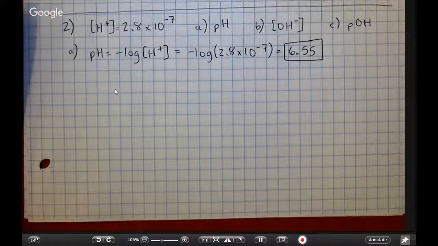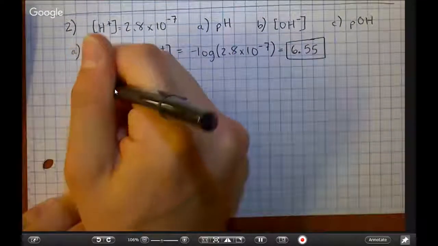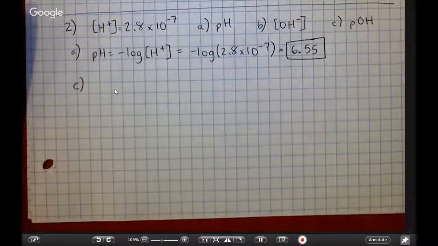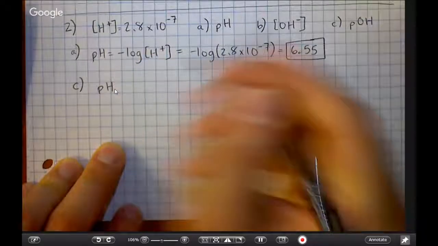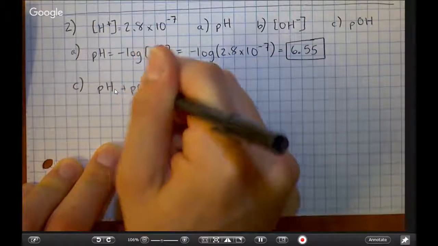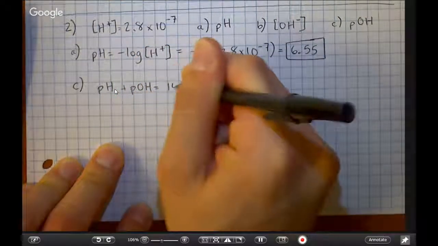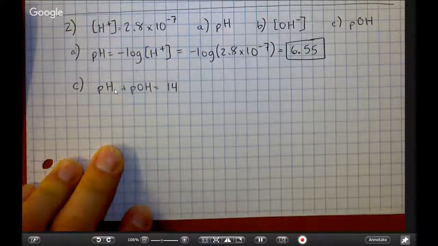Okay, so based on how we did number 1, what would you like to solve for next, hydroxide or pOH? Which one? pOH? Sure. So I'm labeling it C, but I'm doing it out of order. So pOH, we know from what we're given, pH plus pOH equals 14.